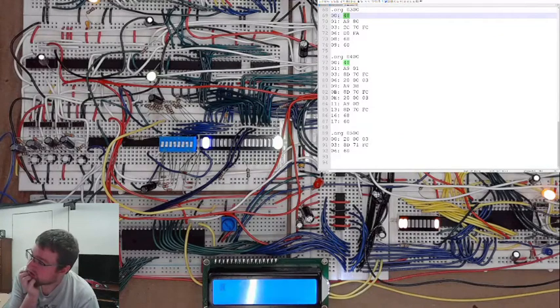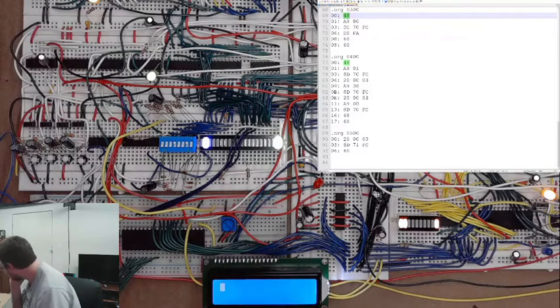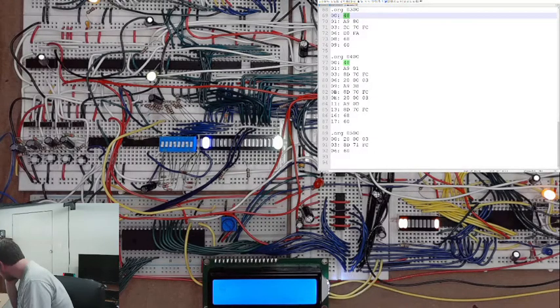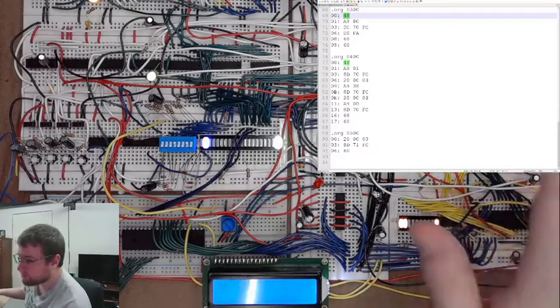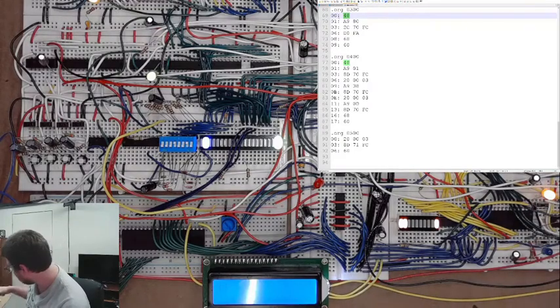So what is causing write problems? Basically, it has to be these chips over here not getting enough power or something.